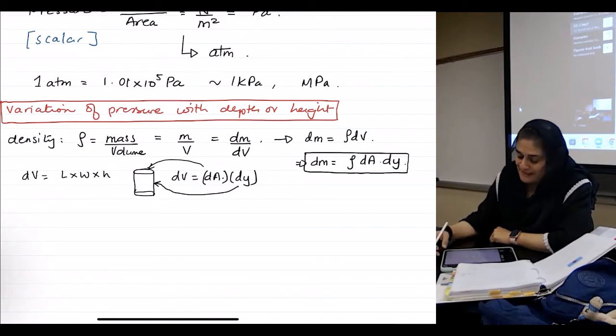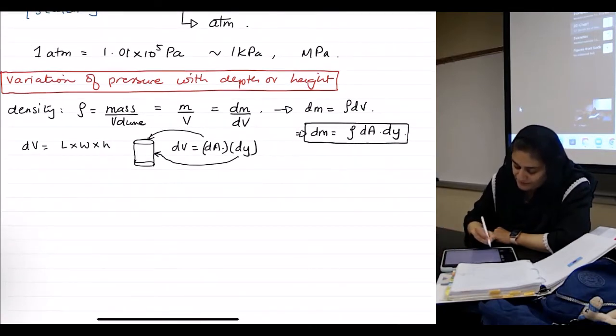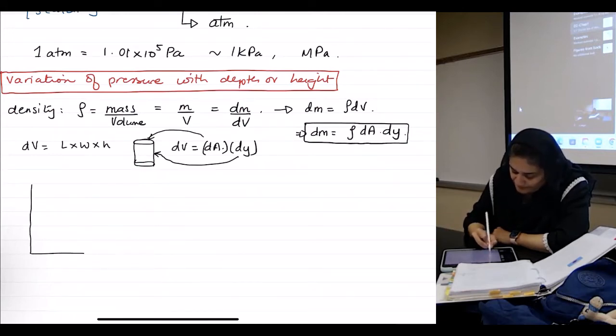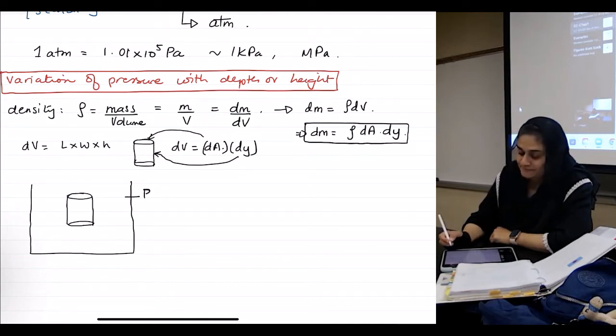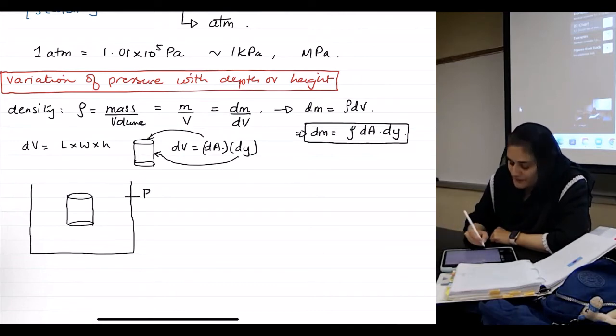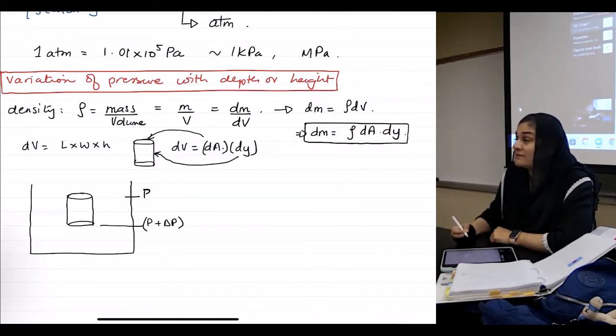Now, if I take this cylinder and put it in water, can I do that? Will the pressure at this point be P? Can I call this P? Will the pressure at this point be P plus delta P? The pressure increases as I go lower into water.